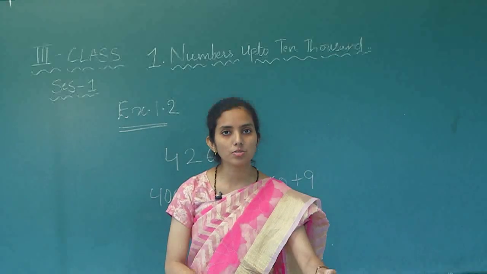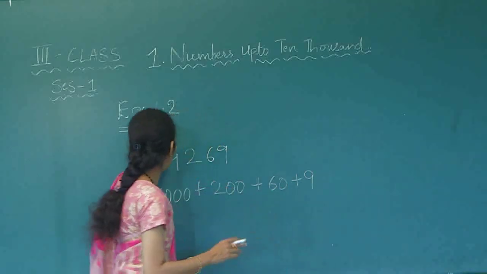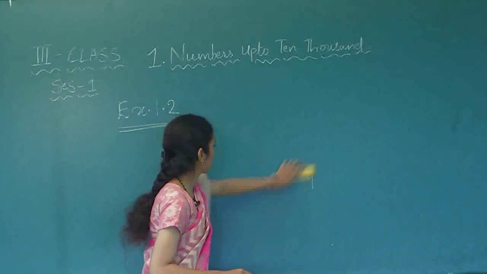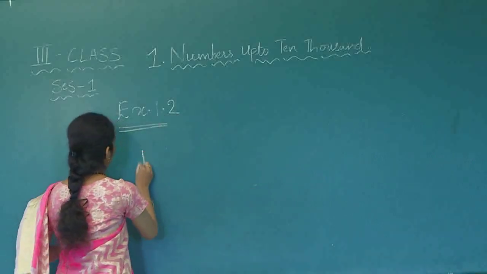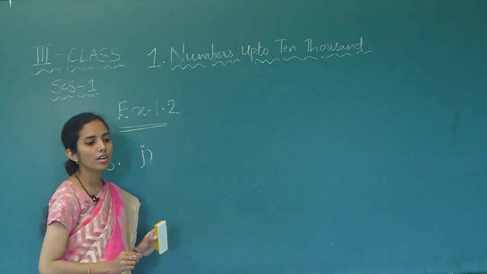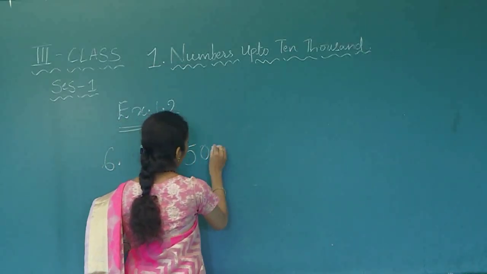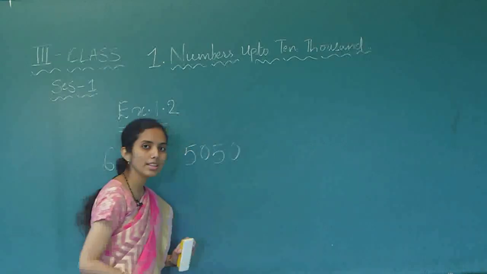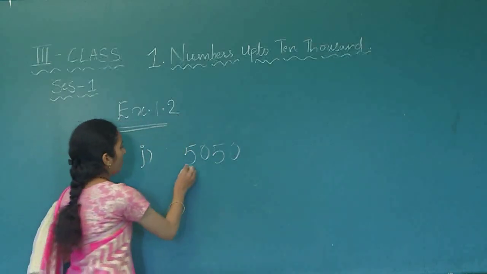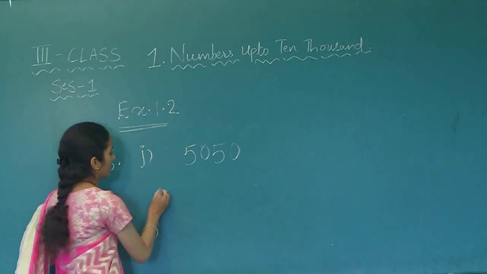Please turn to page number 14, example J. Question number 6, example J. So what is it? 5050. How do you write the expanded form? What is the number that is there in thousands place? 5.